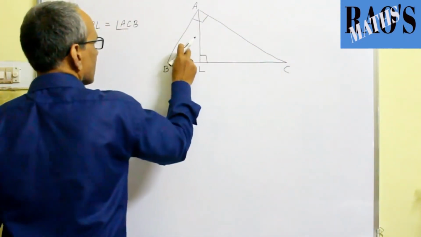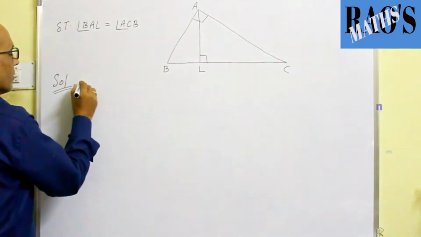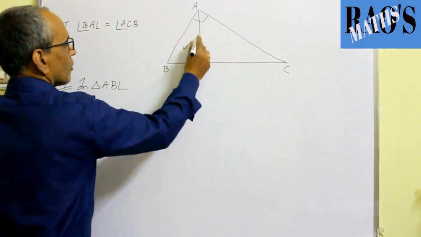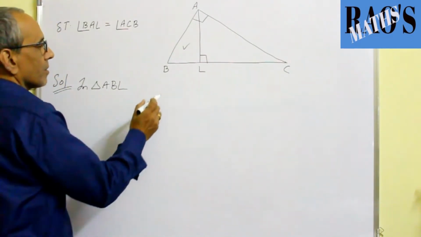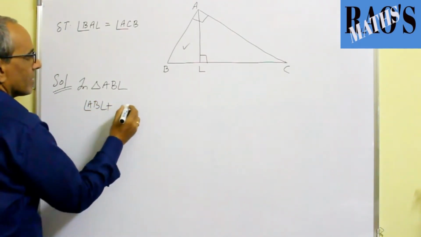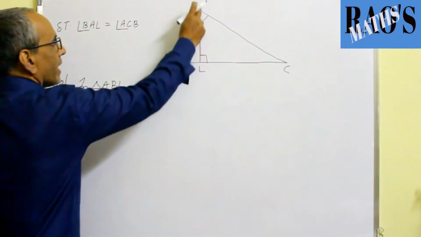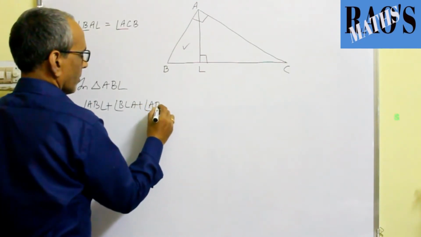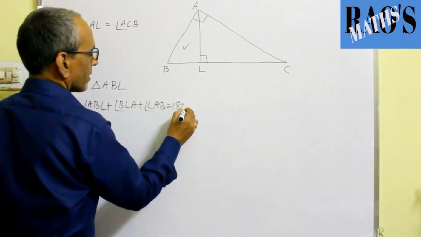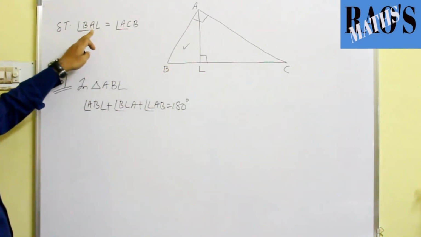In triangle ABL, that is this part of the triangle, we have three angles: angle ABL plus angle BLA plus angle LAB, altogether 180 by the angle sum property we know. Angle ABL is to be solved.